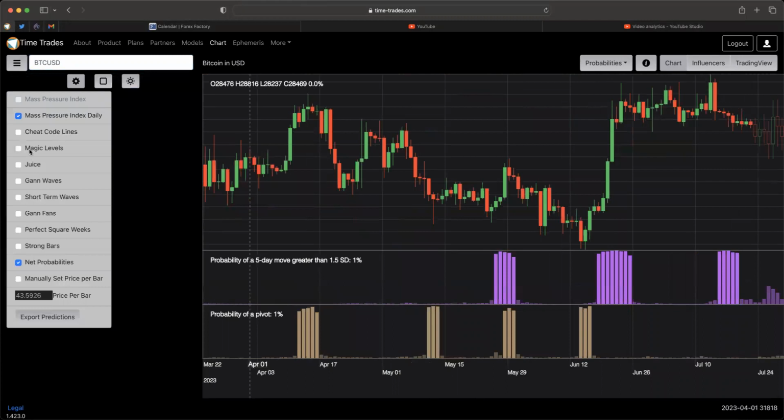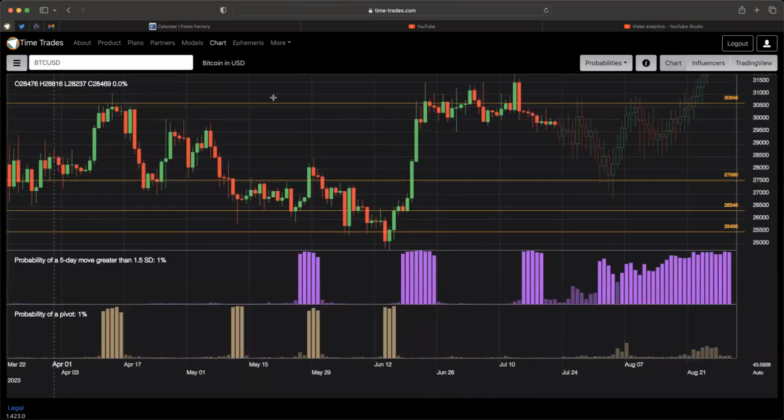If we turn on magic levels, we get some nice confluence here. There's a magic level at 27,560 that should provide some good support. And then this would provide a pretty strong platform on which Bitcoin can resume a move up into late August and September. So that's the forecast here for Bitcoin.